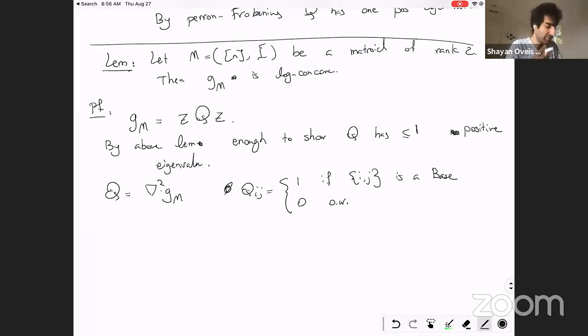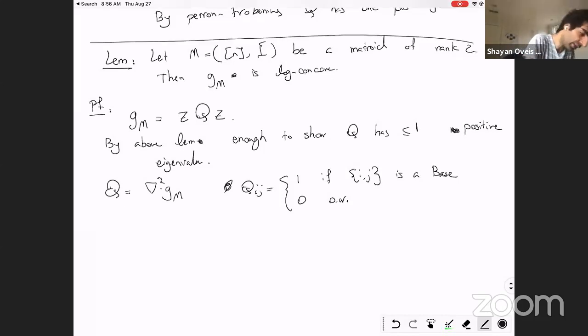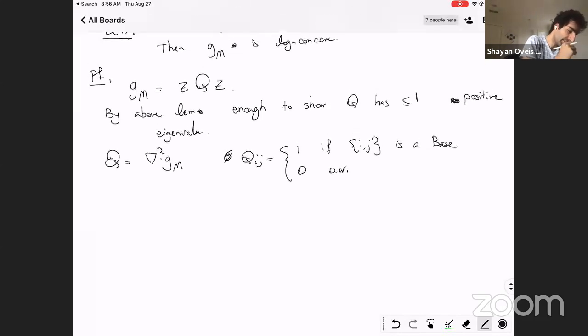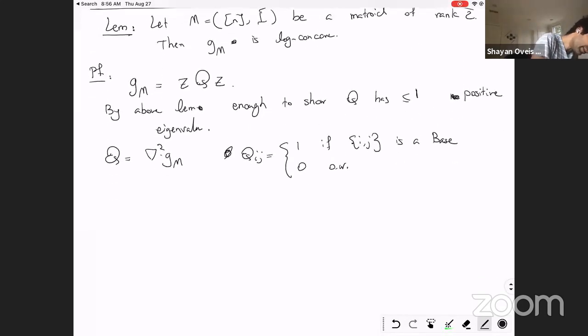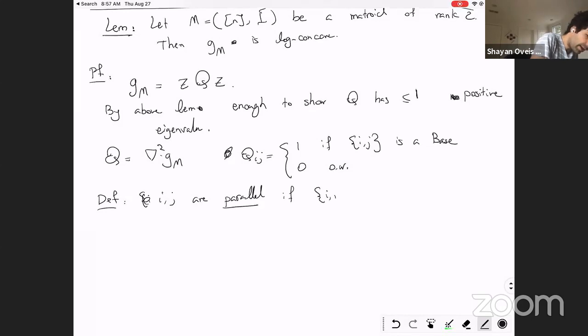Here's the idea. I have to use the fact that I have a matroid. How is that used? Here is the main property. Let's say i and j are parallel if {i, j} is not independent, or it's not a base in this case.